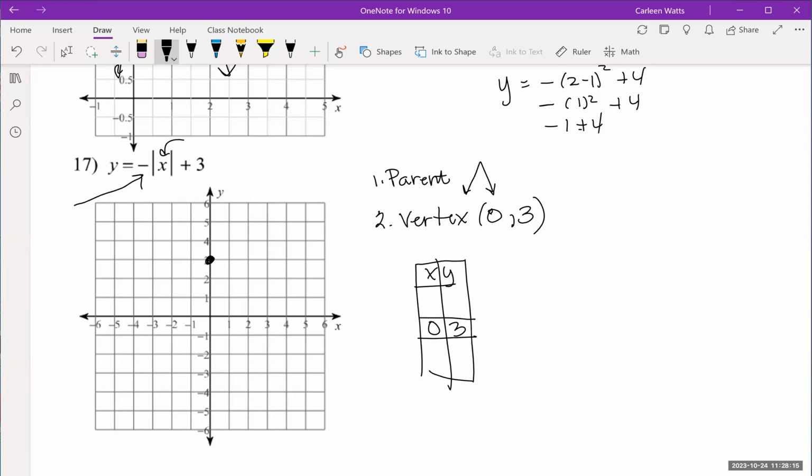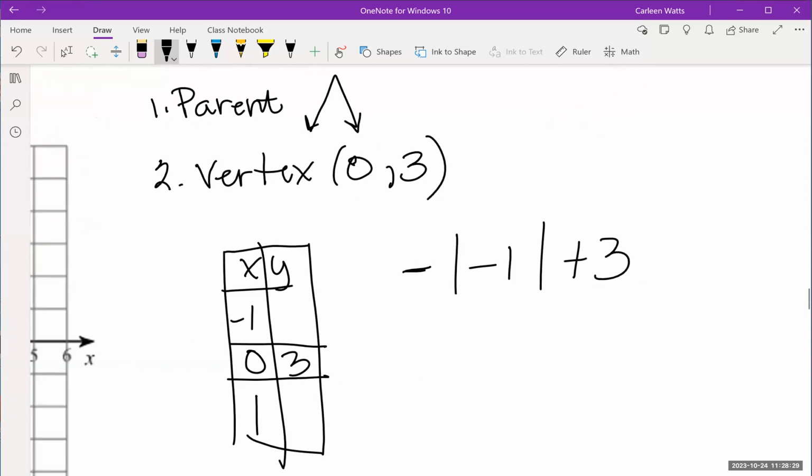Okay, 1 to the left is negative 1. 1 to the right is 1. So negative, absolute value of negative 1 plus 3. Now, this negative does not cancel the 1 inside the absolute value.